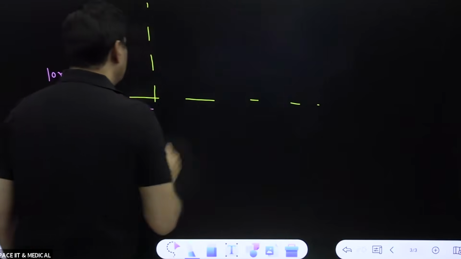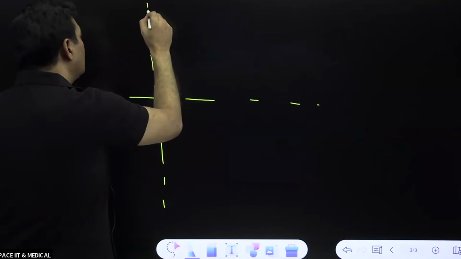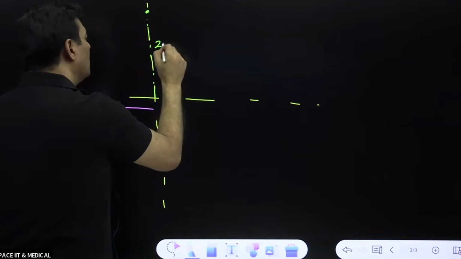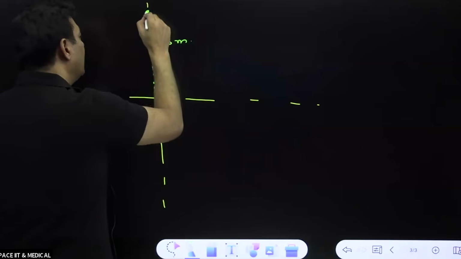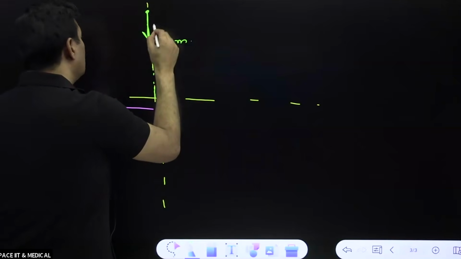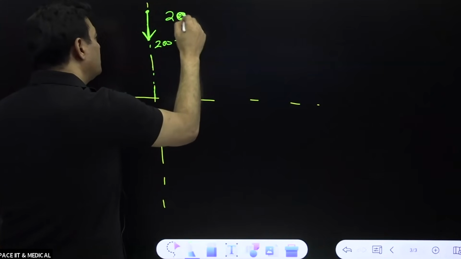There is another man who's also 200 meters away, but on y-axis, this is 200. And he is moving in this direction with a velocity 20 meters per second.